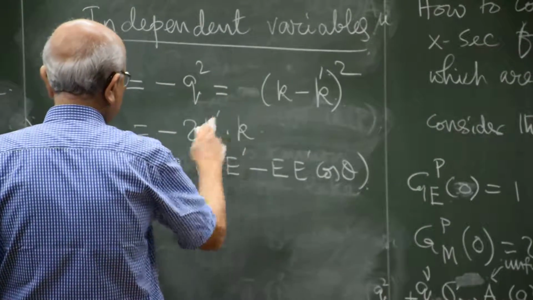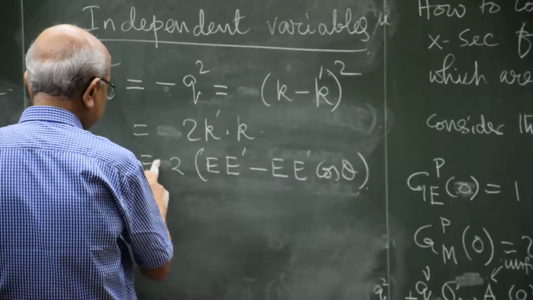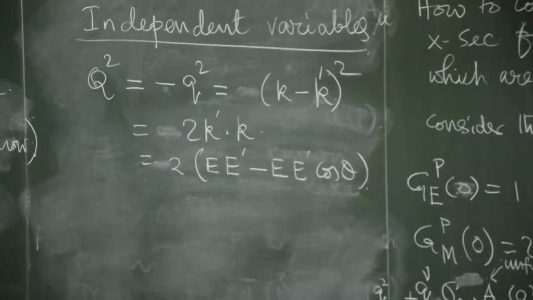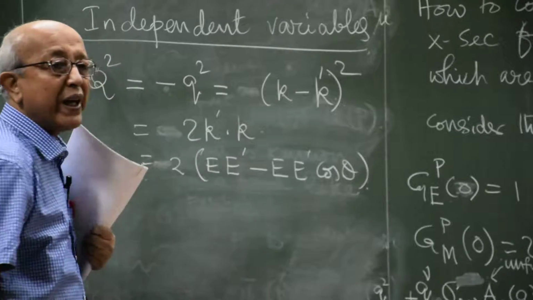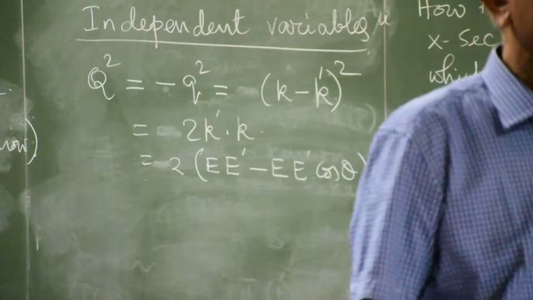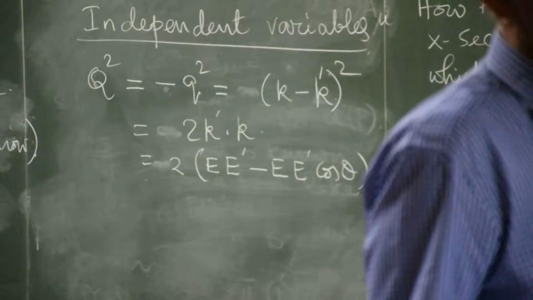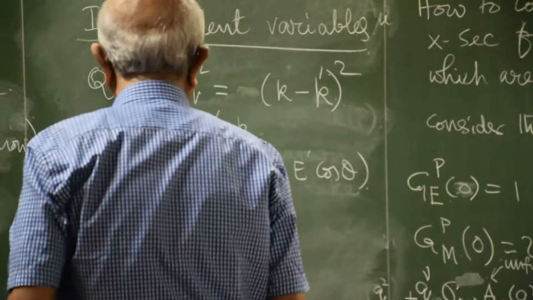Okay, sorry, I wrote minus here. So clearly this is a positive quantity. So q square is a negative quantity. That means the momentum transfer is a space-like vector.